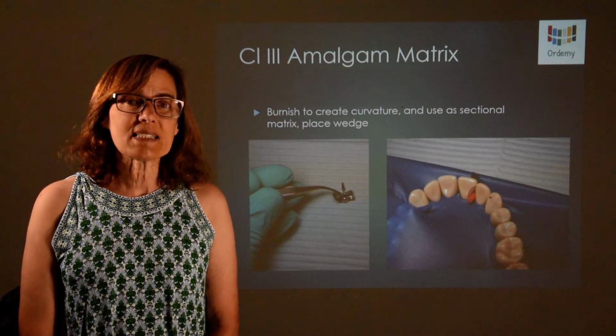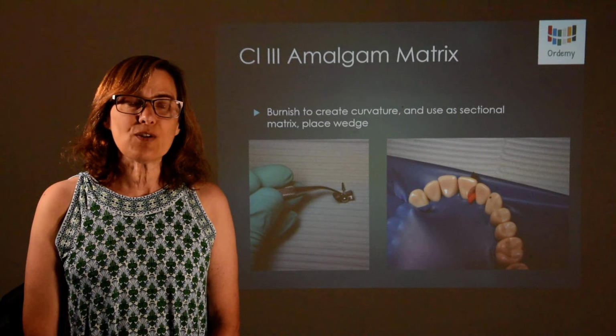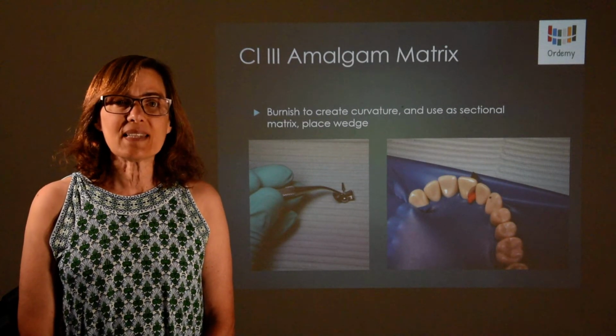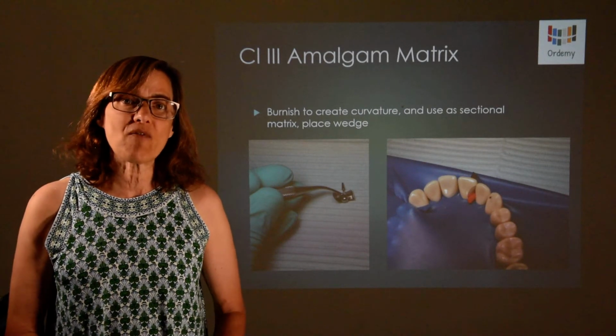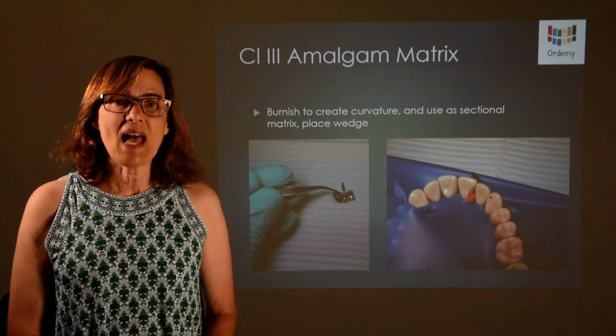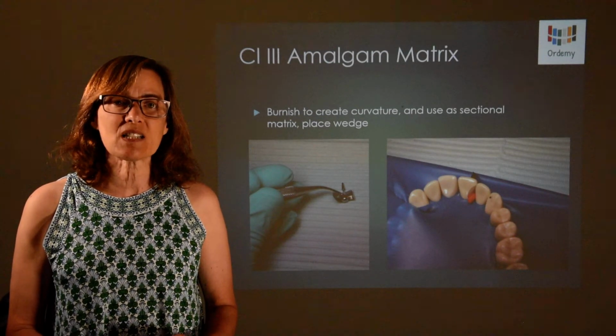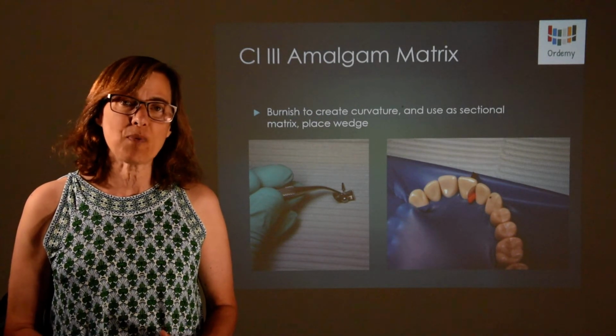I am going to discuss now the way that you will be restoring the tooth with the amalgam. The dentist will have already prepared the tooth, and he will be preparing more of a box-shaped preparation.